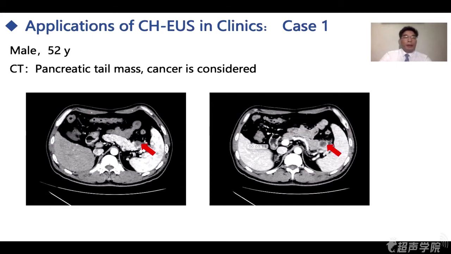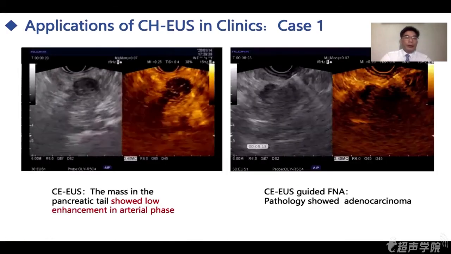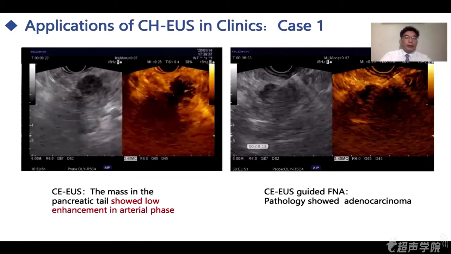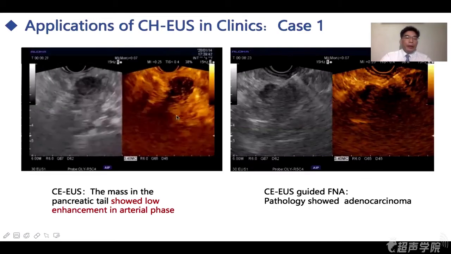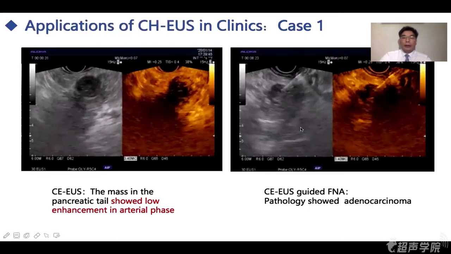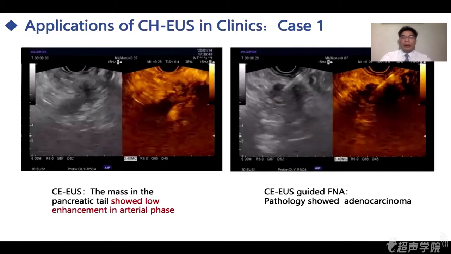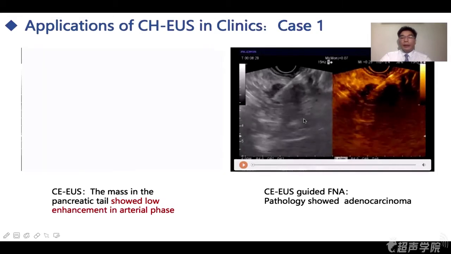A male, 52 years old. CT shows a pancreatic tail mass. We see the lesion located here. With CHEUS, the mass showed low enhancement in arterial phase. With CHEUS-guided FNA, pathology showed adenocarcinoma.